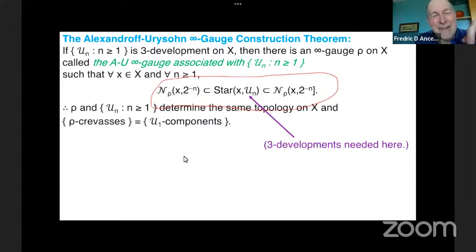I was thinking about strong star refinements, the star of a set, not the star of a point. Yes, you're exactly right. That would give you a 3 development on the nose.